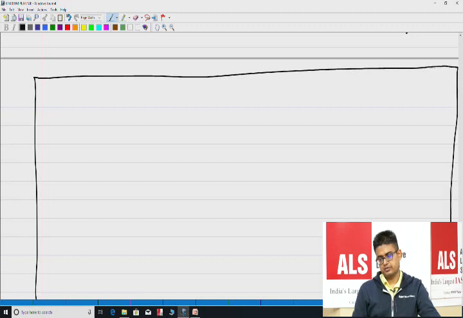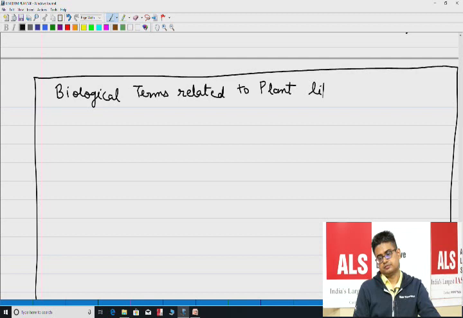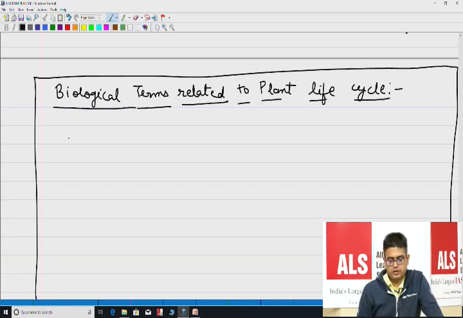Some technical terms or biological terms related to plant life cycle. Four terms are there in all. One is gametophyte, a very important term.